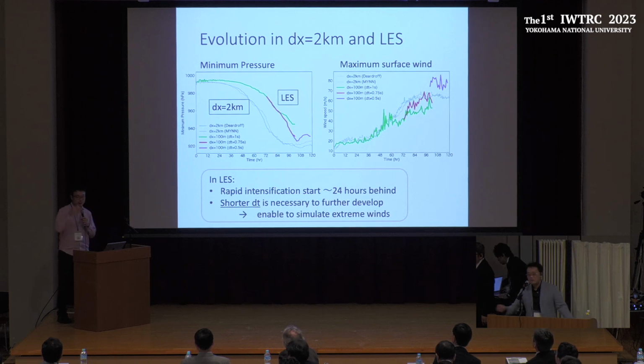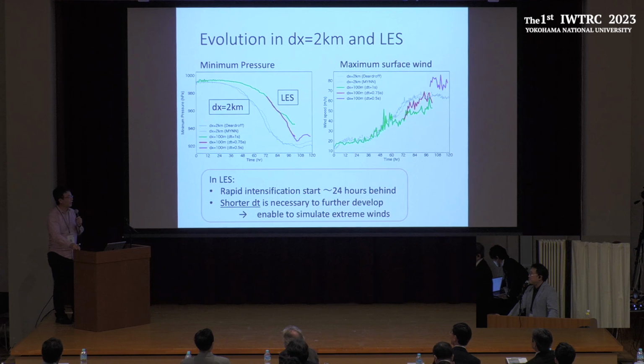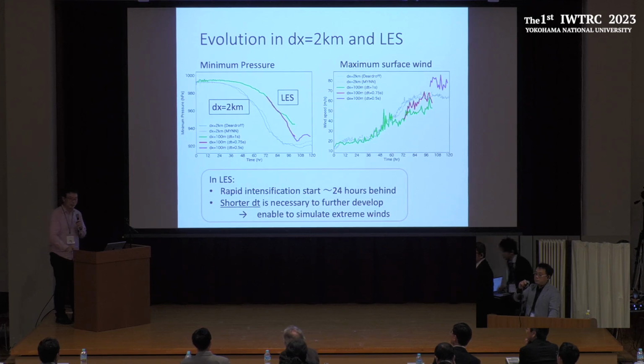Some kind of numerical filter takes place, and that damps the extreme wind. To reasonably increase the extreme wind is necessary to develop the intensity of the tropical cyclone in high resolution. But I'm not sure of the correct reason, that's just speculation. Thank you for your question.